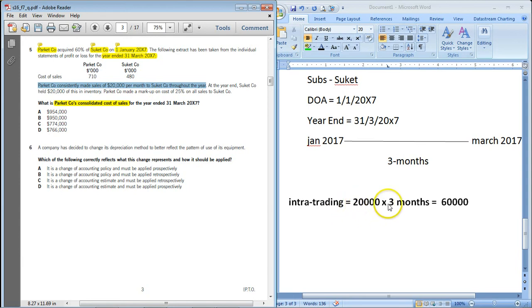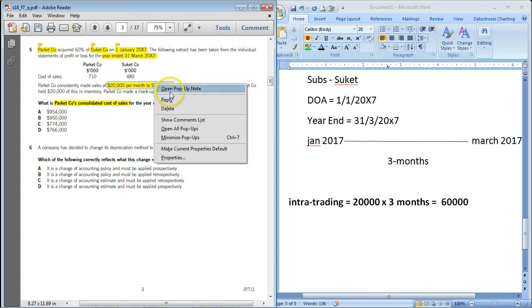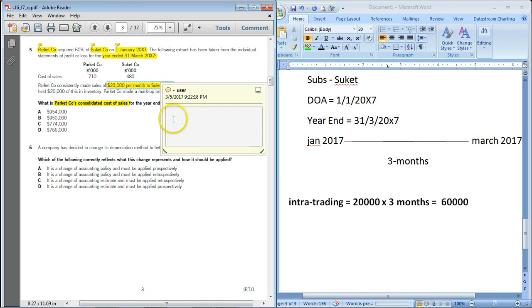Your sales, 20,000 times 3 months, 60,000, is the value of your transaction between parent and subsidiary. We call it intra-trading. This is your intra-trading value, which is 60,000.